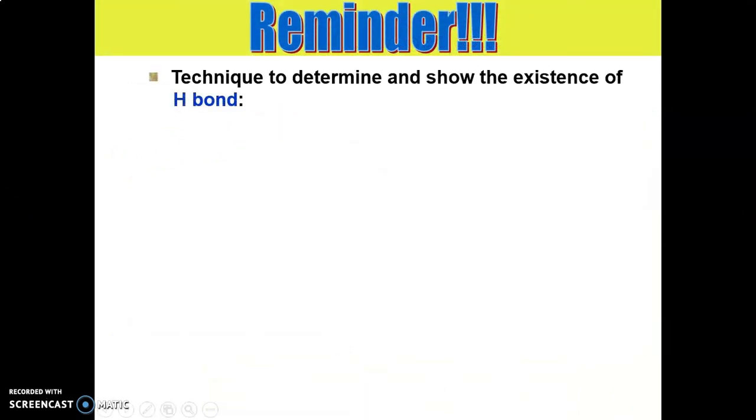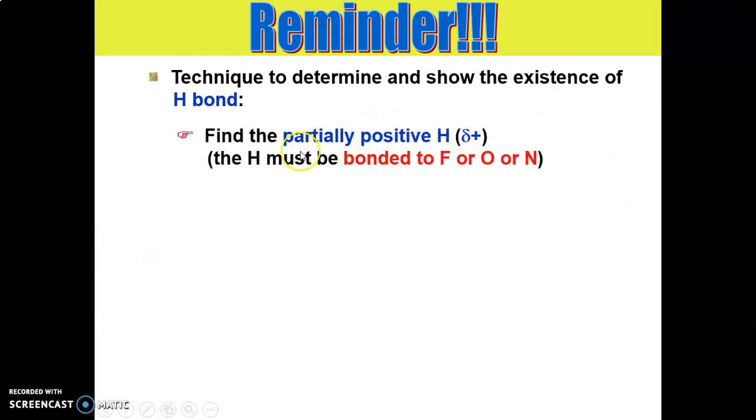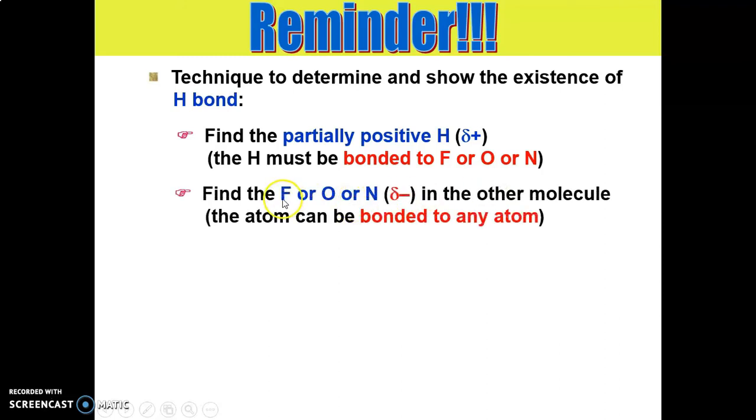The technique to determine and show the existence of hydrogen bond: find the partially positive hydrogen. The hydrogen must be bound to F, O or N. Find F, O, or N in the other molecule. The atom can be bonded to any atom.